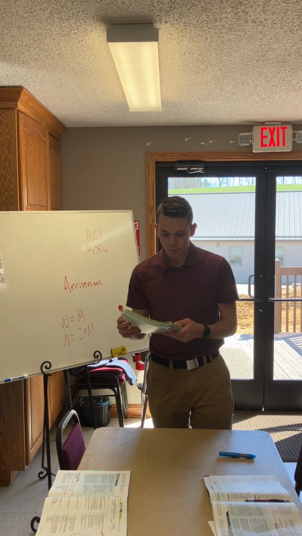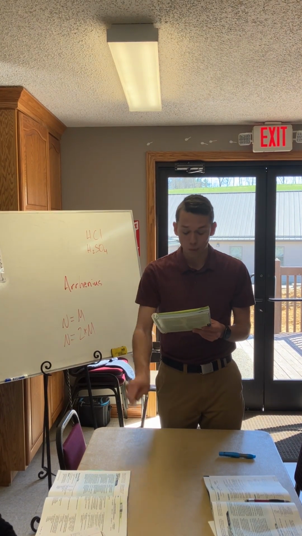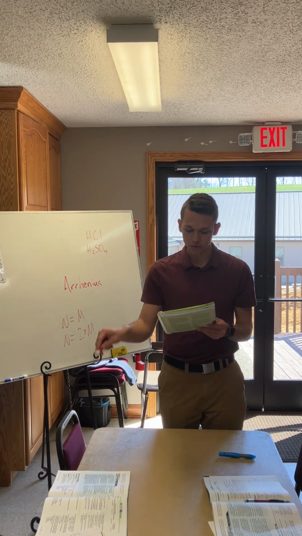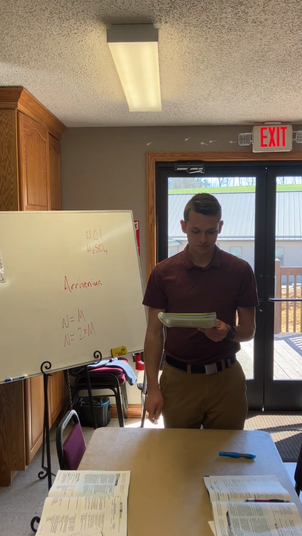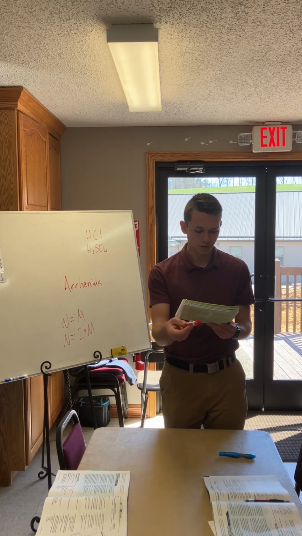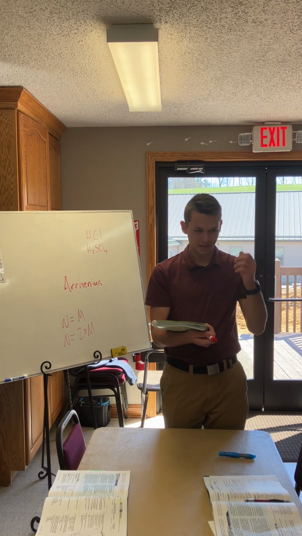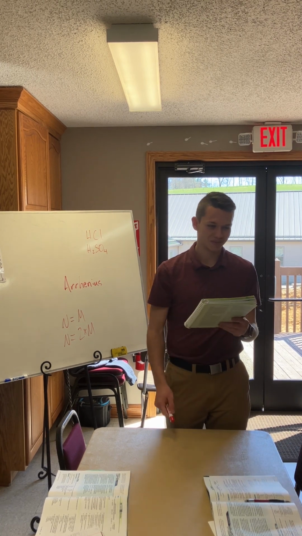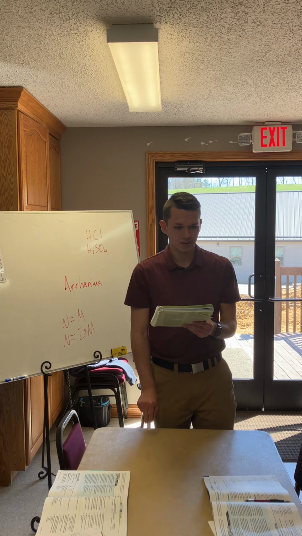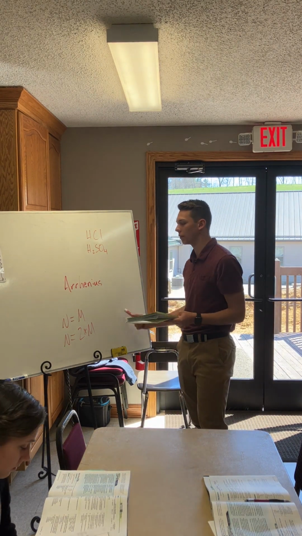So number 12, what is the constant K with little w called? And what is its value? The ion product constant of water. Yes. And what is its value? 1.00 times 10 to the negative 14. Perfect. You need to remember that one.